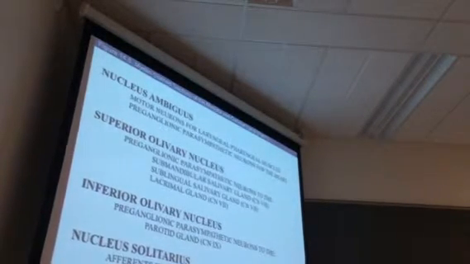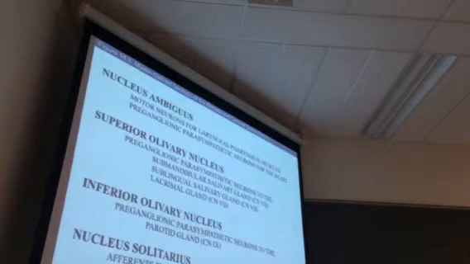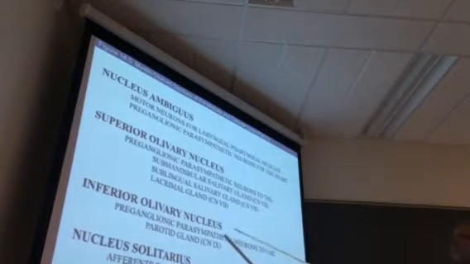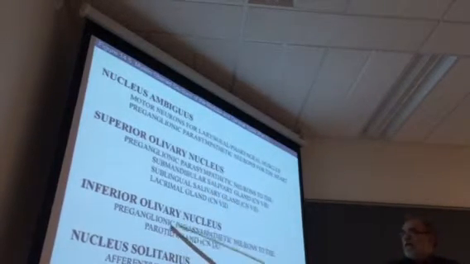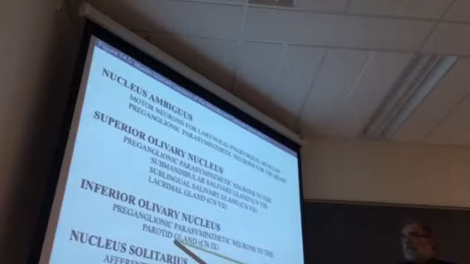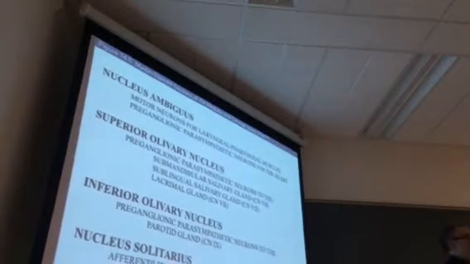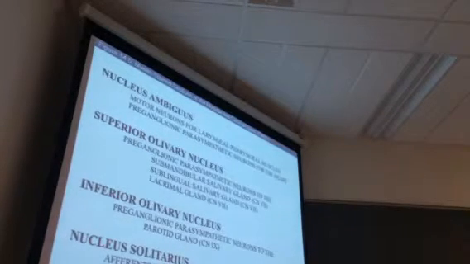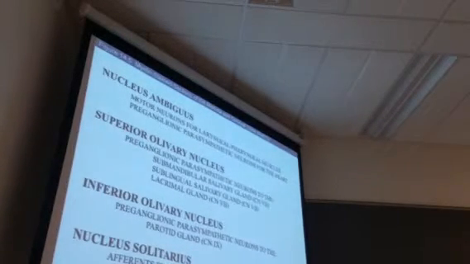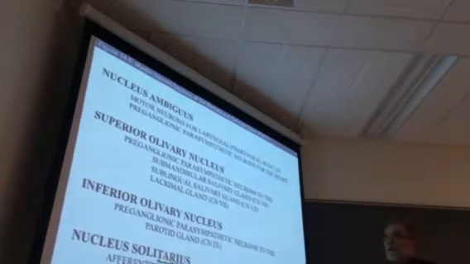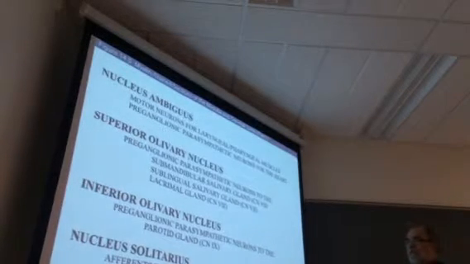So far, so good. This is cool. Inferior olive, superior, inferior. Preganglionic, parotid gland, number 9. And finally, nucleus solitarius, afferents from 7, 9, and 10.